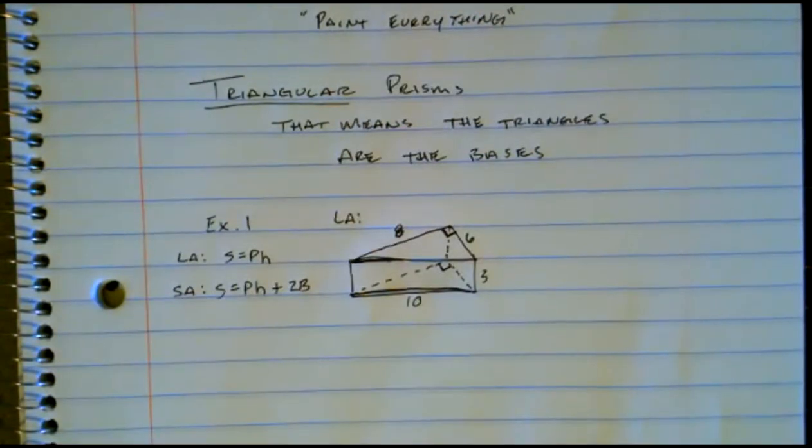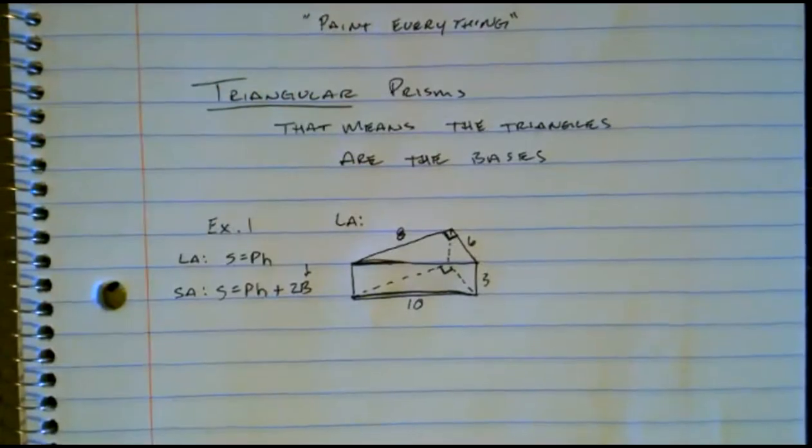They don't give us anything else for a triangular prism versus a rectangular prism. So how does the same formula work for different shapes? That seems a little counterintuitive, okay? But it's all because of that right there, okay?